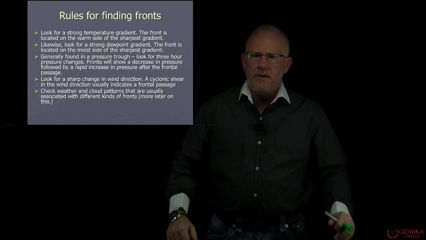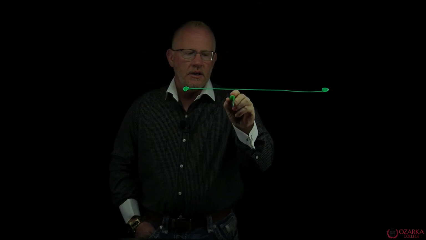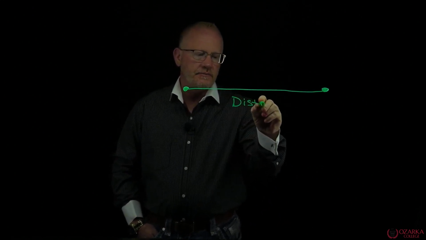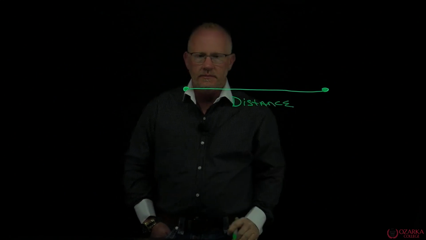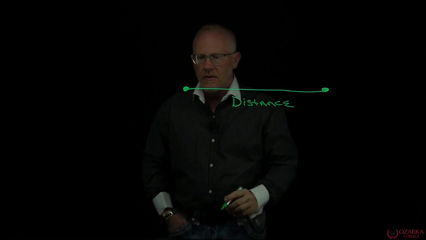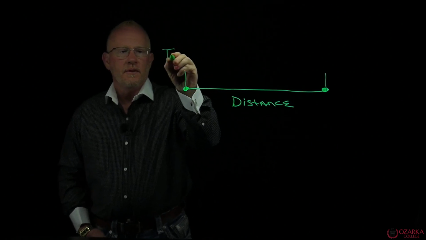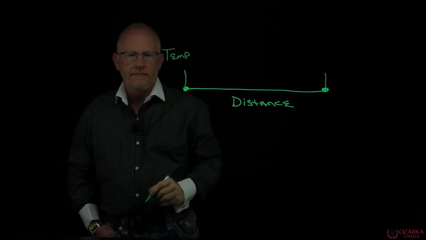Here it says gradient. What is a gradient? I want you to think very simplistically: you've got a point and you've got a point. Okay? Now, in between these 2 points is a distance. You heard it talk about temperature gradient.